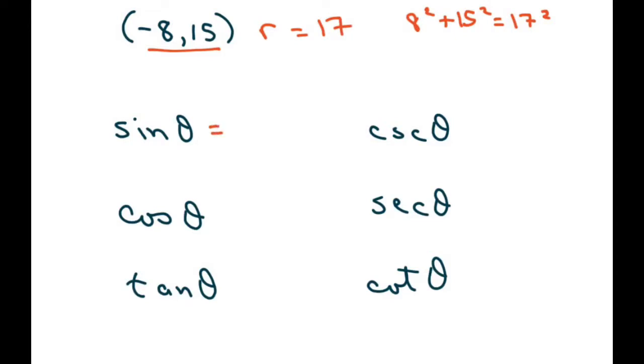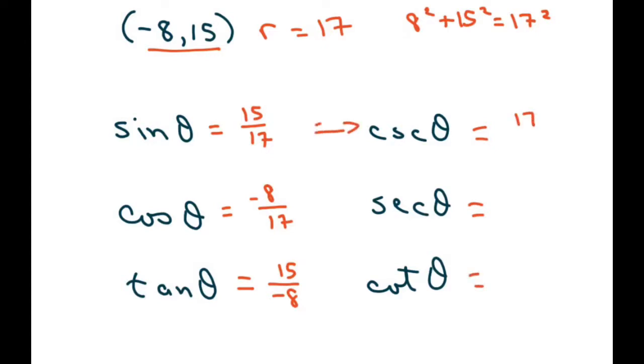This is going to be y over r, x over r, y over x. And for these, you just flip the ratio here. These two go together. These are cofunctions. So you just flip everything.